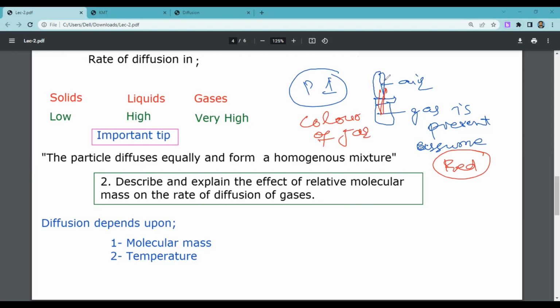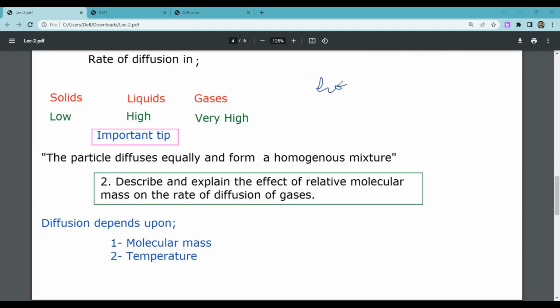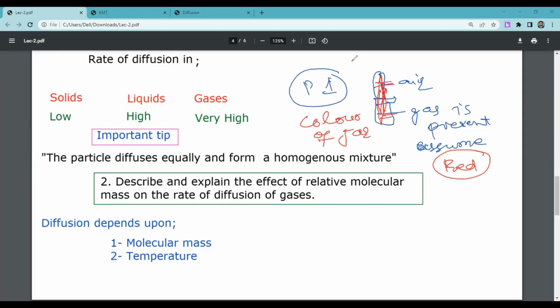You know that the process of diffusion will occur and the gas will spread out in the whole jar. But how will you describe the color?